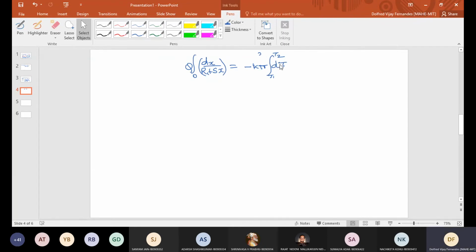Okay, so integrate this from 0 to L. So integrate Q into R1 plus Sx raised to the power minus 2 dx.